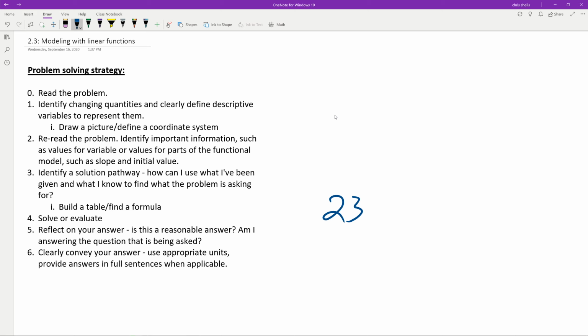In that case, 2027 would be your answer, right? So we have to make sure that the number that we're providing is actually answering the question that's being asked. And also, step 6 is to clearly convey your answer. Make sure that you're using appropriate units. Provide your answers in full sentences whenever you can or whenever it's applicable.